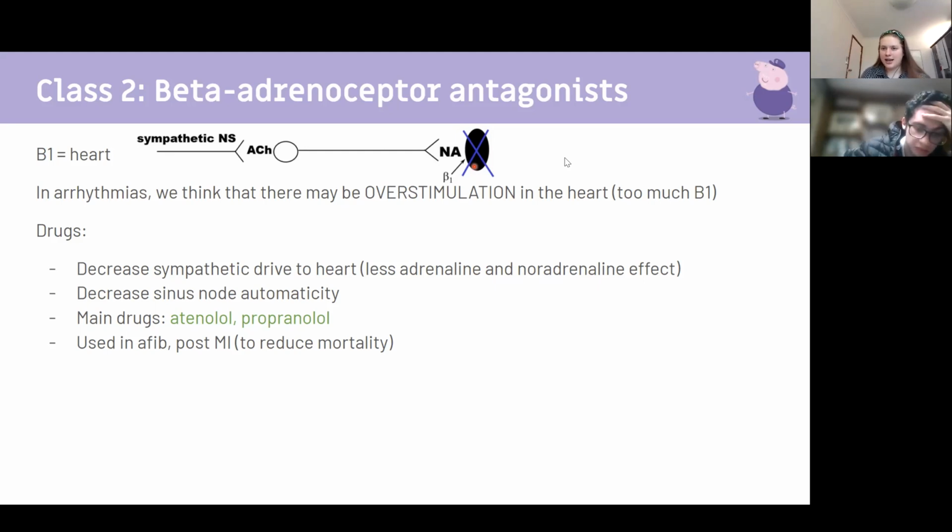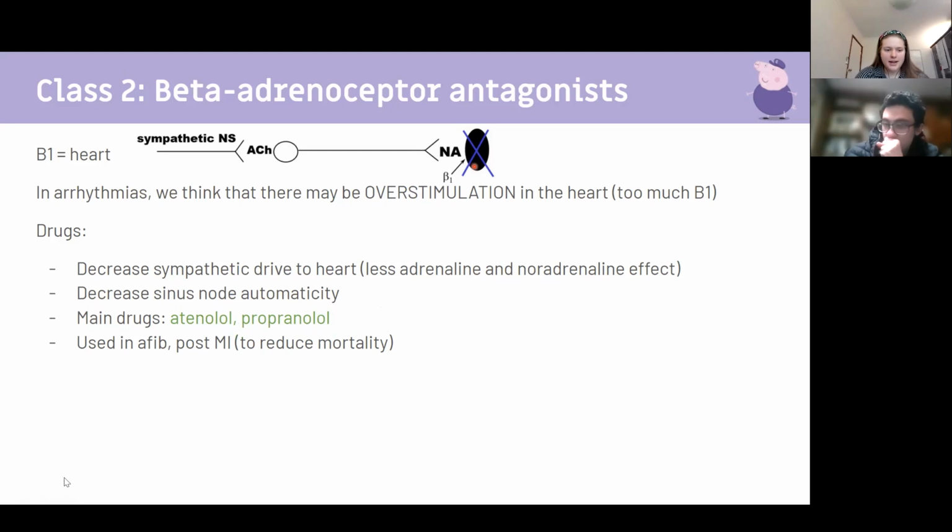This is usually used in AFib to help calm down the sinus node and calm down the contractions. It's also used after a myocardial infarction because it's thought to help reduce mortality if it's not spasming, I guess. And these end in olol. So these are your main ones, but pretty much anything that ends in olol is a safe bet to be your beta drugs.